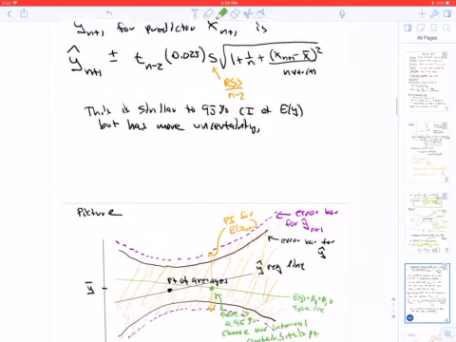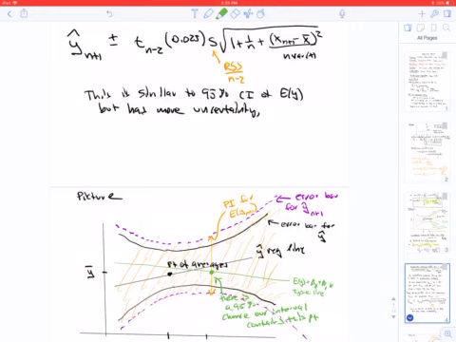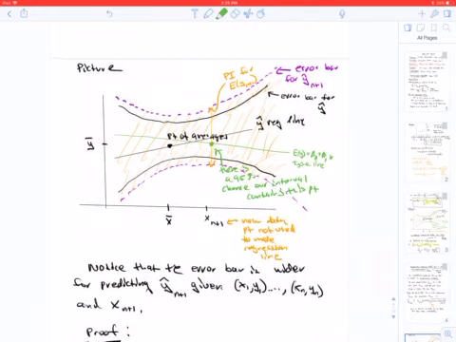So this fattens up our error bands. So here's a picture of what we have.